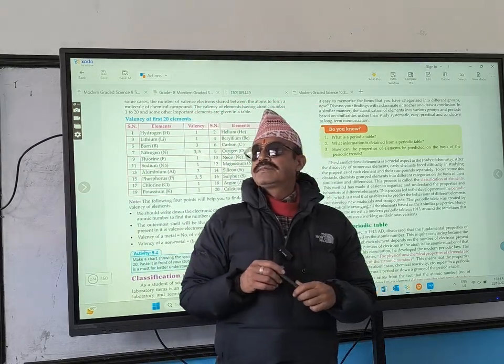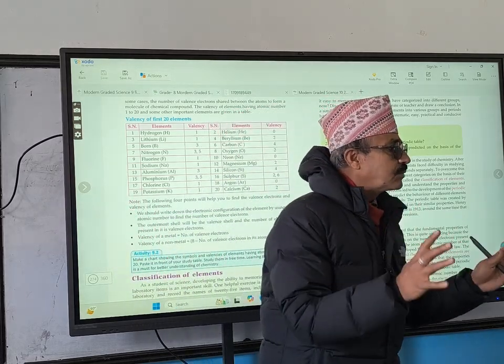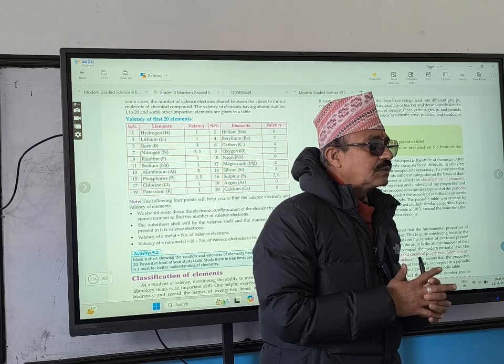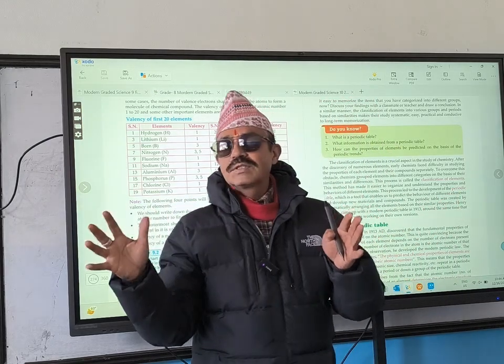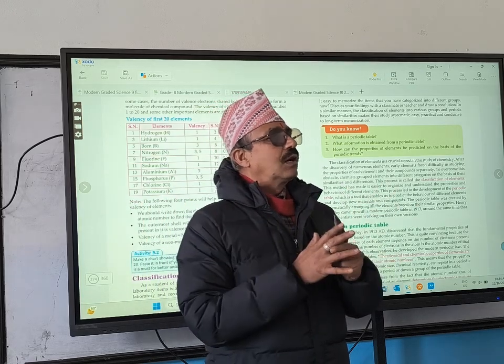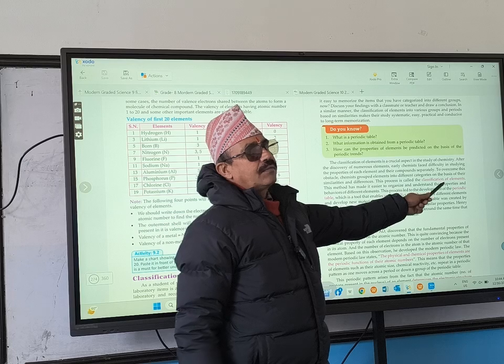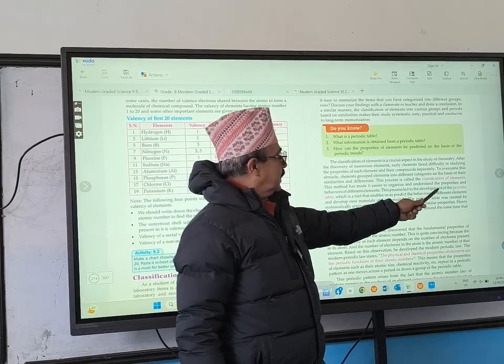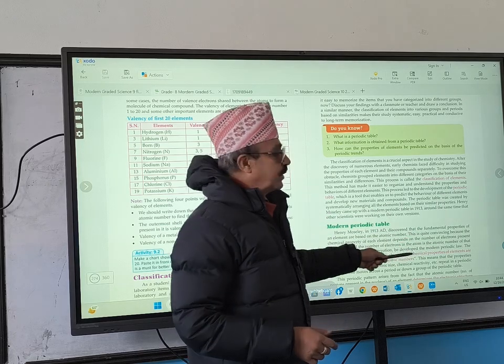One thing you keep in mind, I already said all elements do not have similar physical and chemical properties. According to the properties, if the elements are kept in a chart, that system is called classification of elements. What is it called? Classification of elements. That table is called the periodic table.